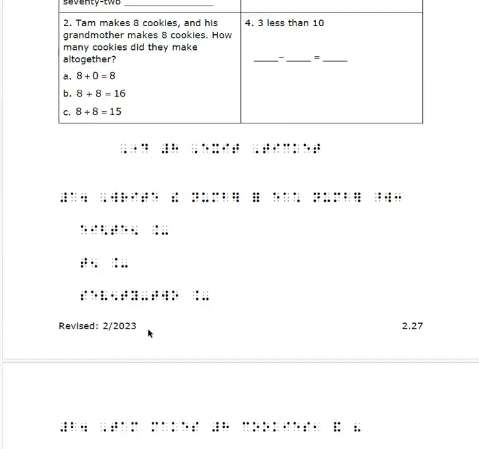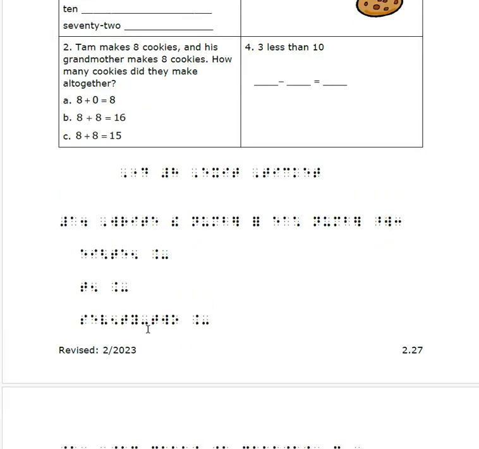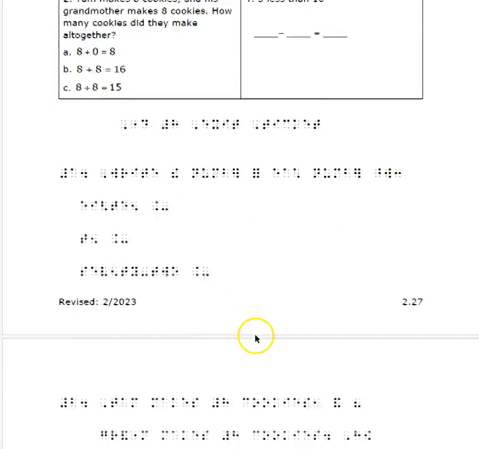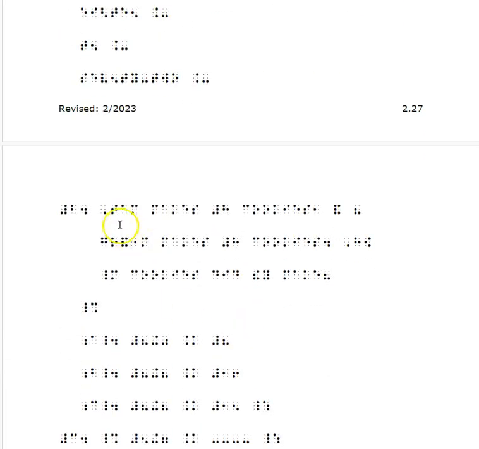Number 2 is a word sentence. Notice these 8s are going to stand out by themselves. So when you write this sentence in words, use UEB numbers. Let's see if they did that. Okay. Tam makes 8. There it is, it's a UEB number. Cookies. And his grandmother makes 8 cookies.